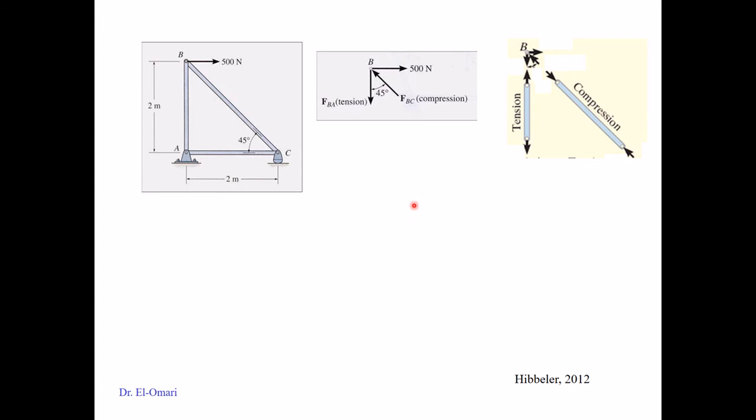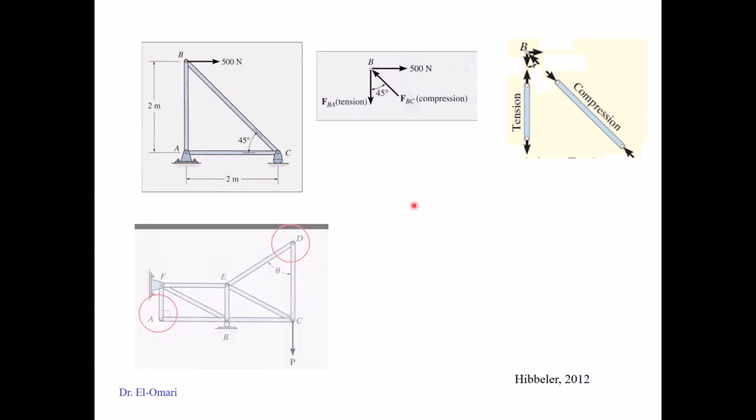Another important comment, before you start any calculations: notice if there are, for example, two members that are not collinear, and here collinear means that they share the same axis line. For example, members A, B and B, C are collinear members.